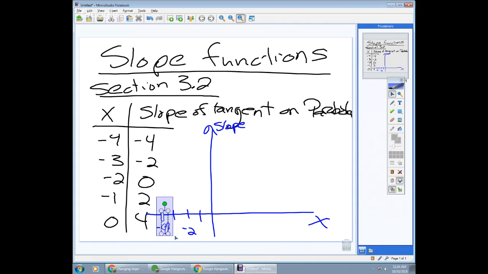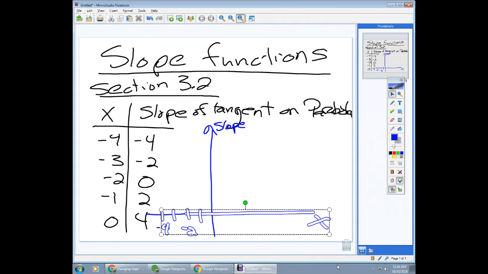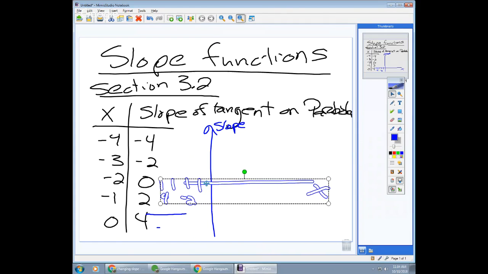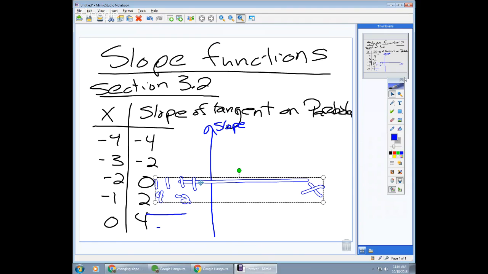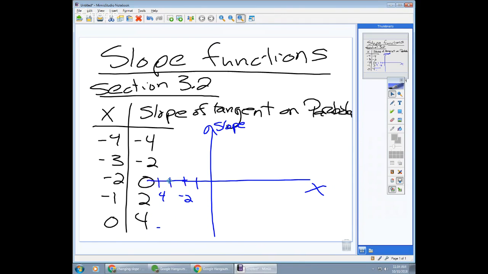Let's try again. I got some of it. There-ish, there-ish, and there. Let's back up. Oh man, that's not going well. All right, that's a -4.